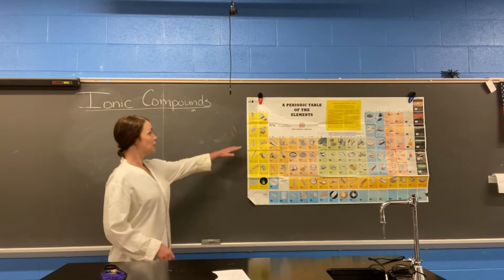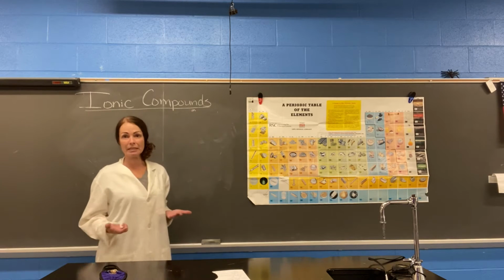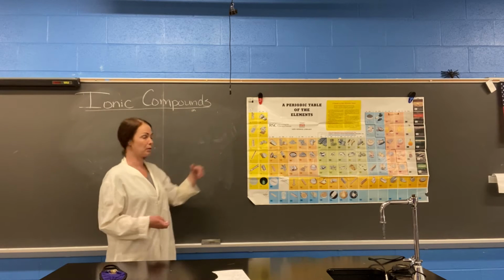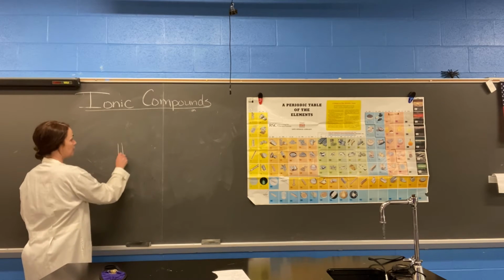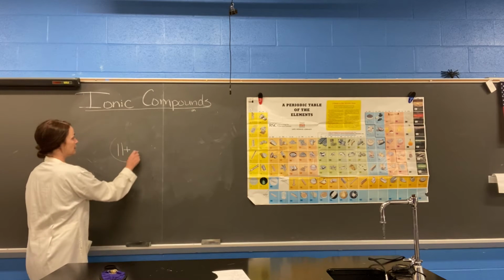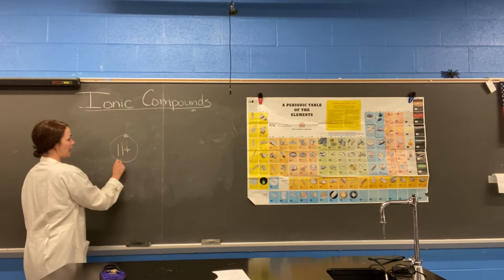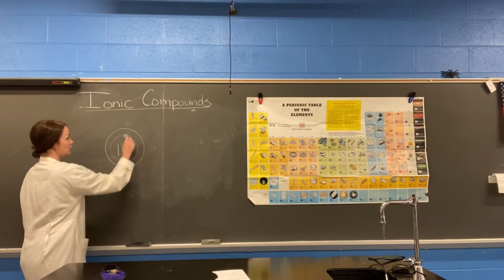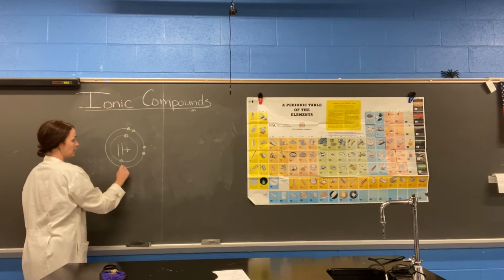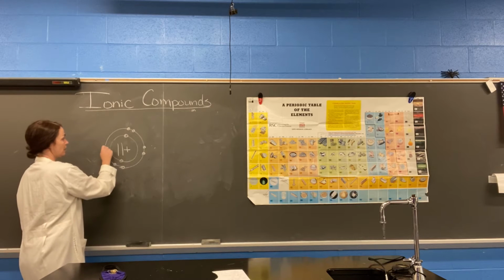So we're going to use sodium. Sodium is an easy element for us to use because we're familiar with it. It's number 11. So number 11 means that it has 11 protons in the nucleus. That also means that as a neutral atom, it has 11 electrons. And those electrons are in specific energy levels of the electron cloud.